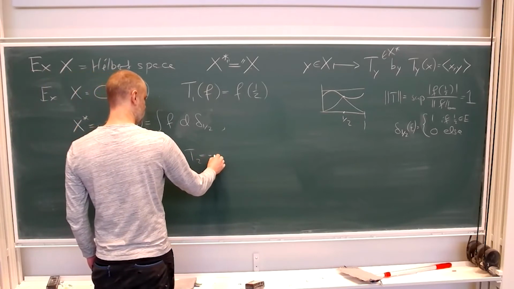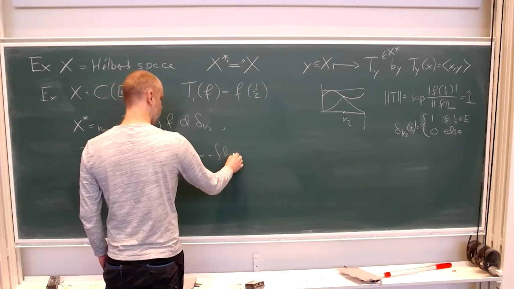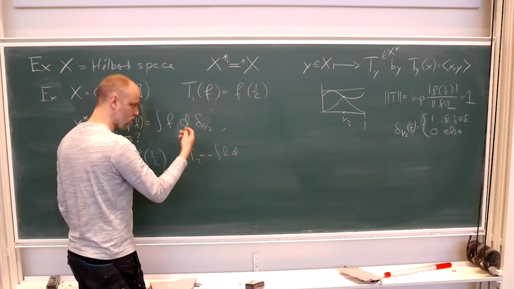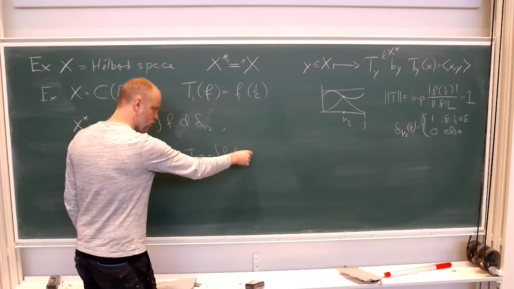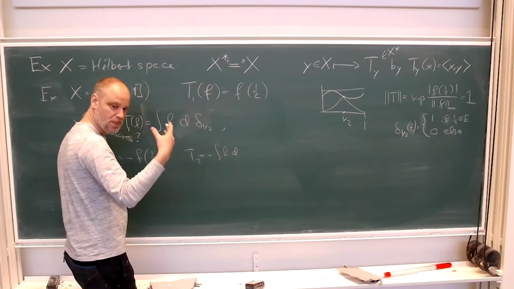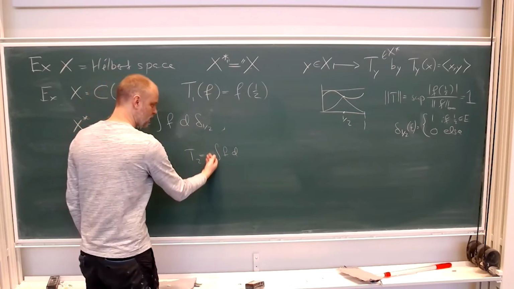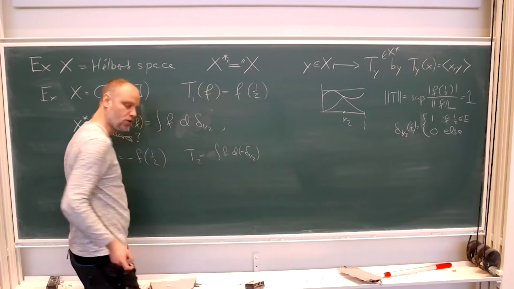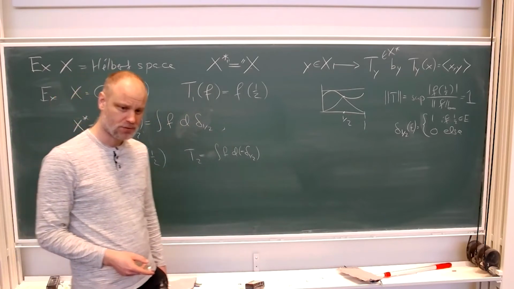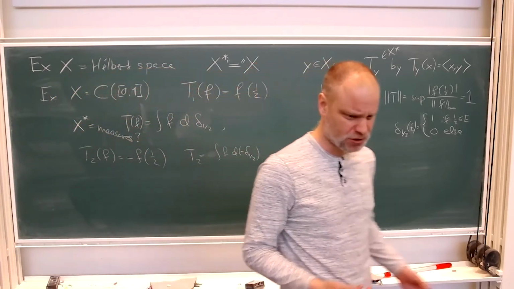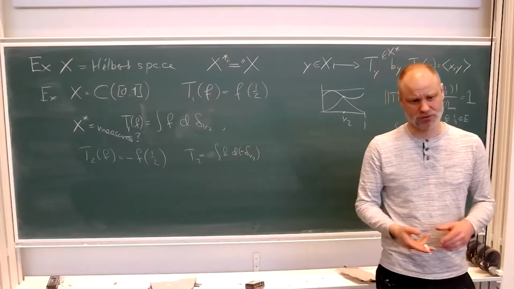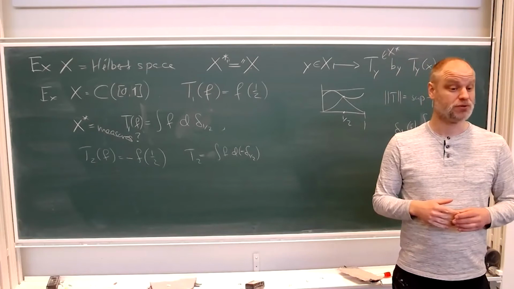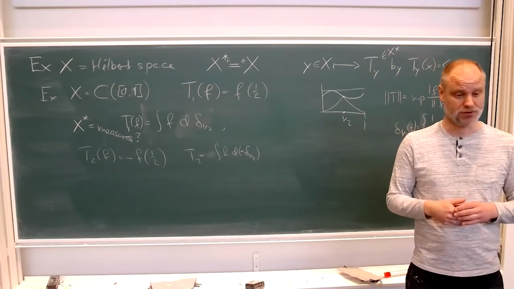I can write this as minus, okay, integral f d, but you don't want to have the minus outside. You want this object here to have all the information in it. So you kind of want to have like minus 1/2. But that's no longer a measure. But it acts as a measure. It's just that it takes negative values, leading to signed measures.